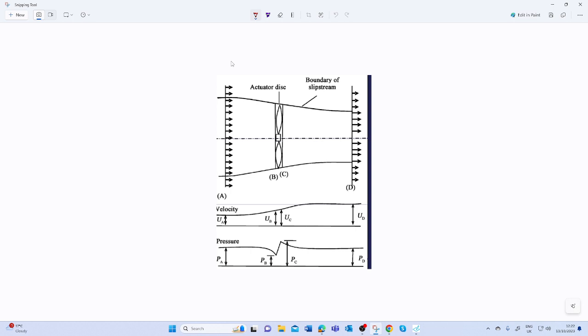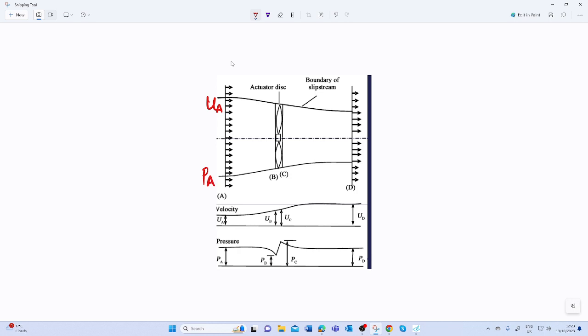Hello, everyone. As we continue the momentum theory of rotor dynamics, we can begin with the equations that surround and establish the theory. Firstly, the velocity surrounding here is UA, and there's a pressure here, which is PA.